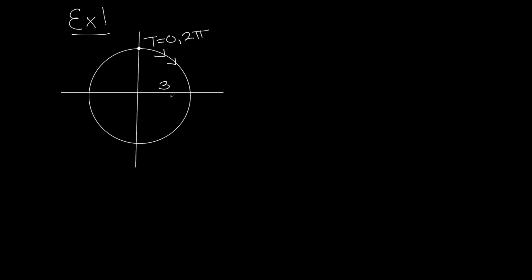So you're welcome to pause the video and try this out for yourself, but we're going to use our equation that we just derived. So x of t equals our radius, which is 3, cosine, our starting angle. So from our initial point from here, this is 90 degrees, but we always use radians here. So that's equal to pi over 2, because pi is 180. So pi over 2 minus t.